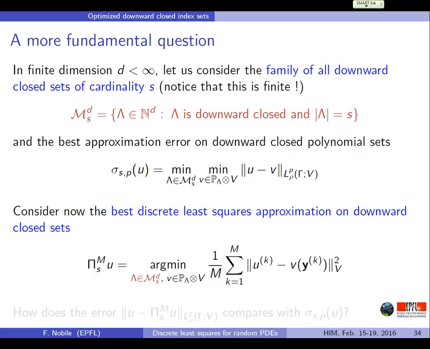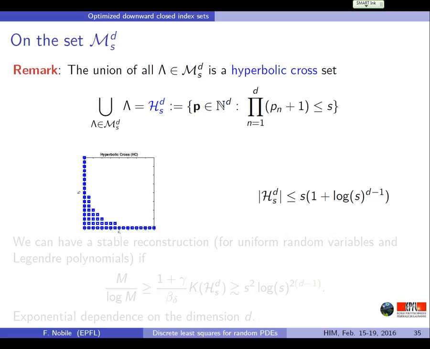So the fact of working with downward closed sets, as a matter of fact, already limits the maximum polynomial degree that we use. Now the question is, if we were able to compute this optimum here, how would this compare with the best approximation on downward closed sets? And that's getting closer and closer to, let's see, L0 minimization done on downward closed sets.